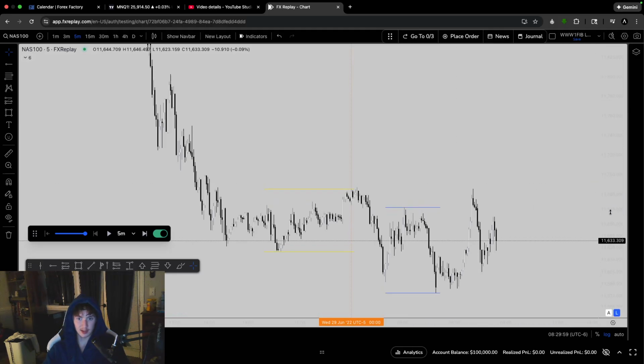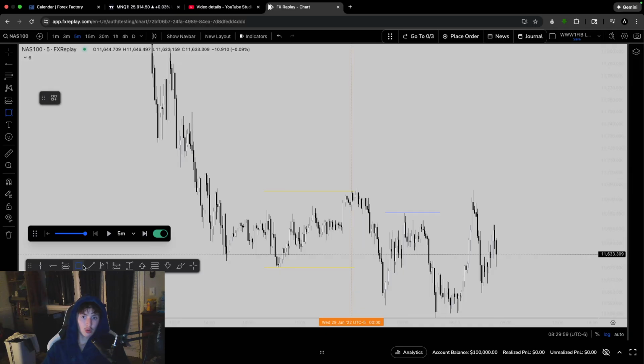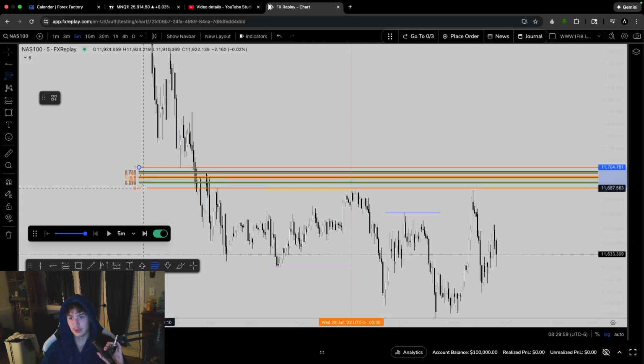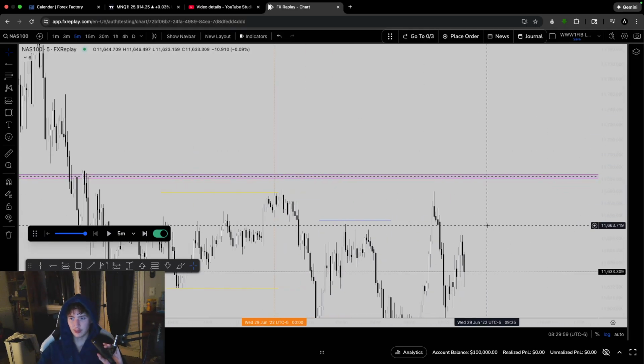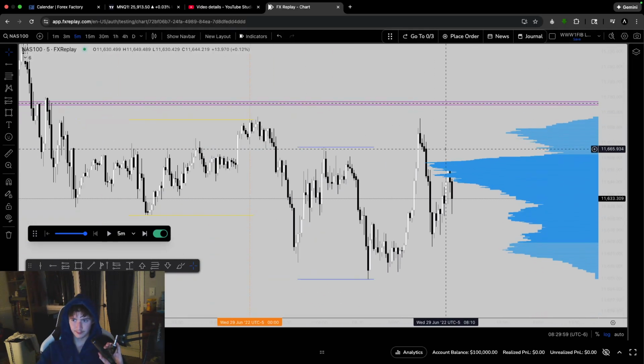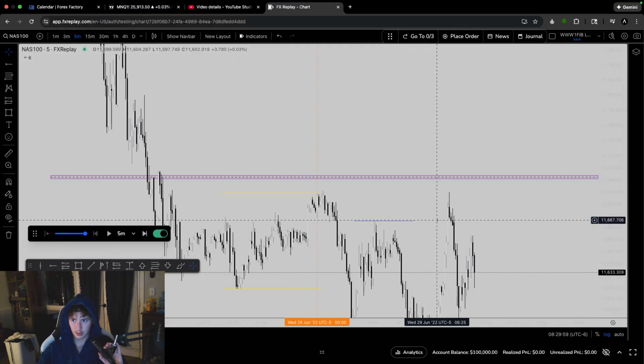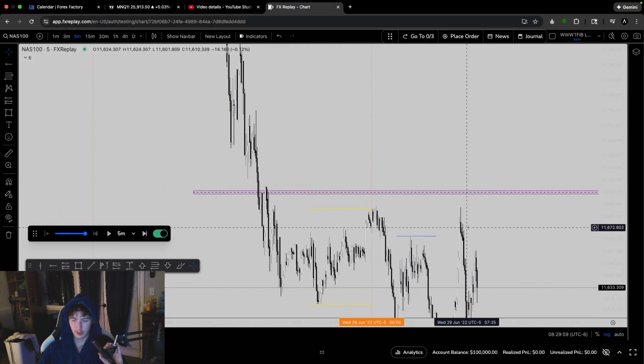We have a low right here, the most recent prominent low right there, and we got a most recent high right there. Okay. I don't know if this is gonna work, but I think this does line up with that pool of low volume.